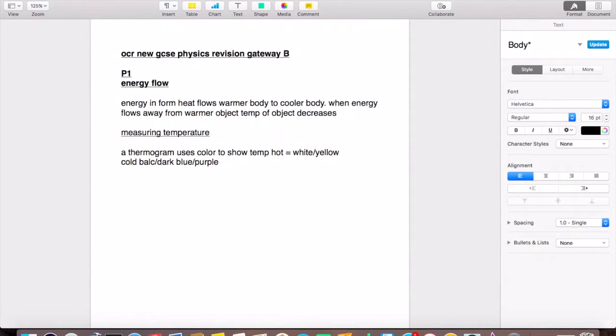Temperature is a measurement of hotness on an arbitrary scale. So this is the definition. You do not need to use a thermogram.